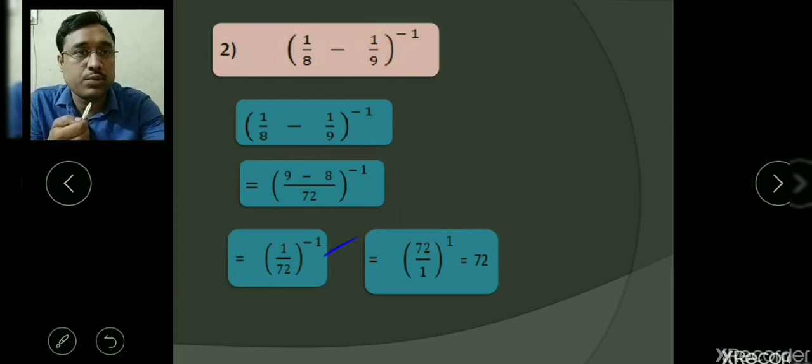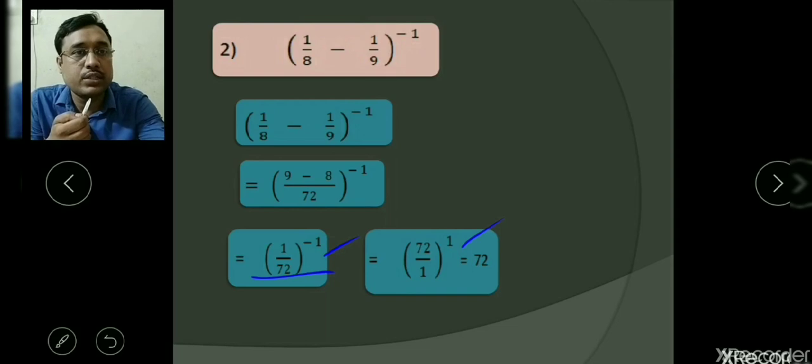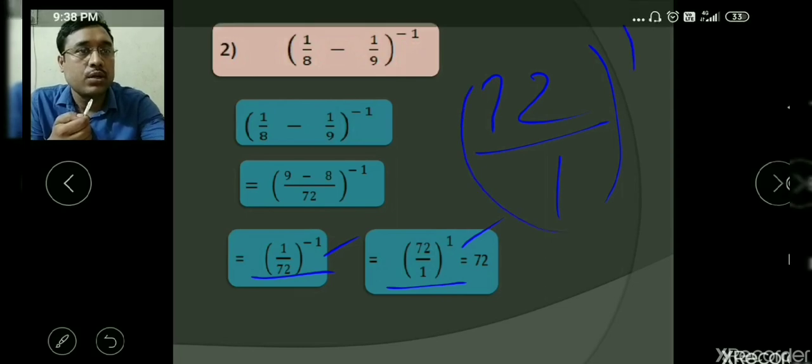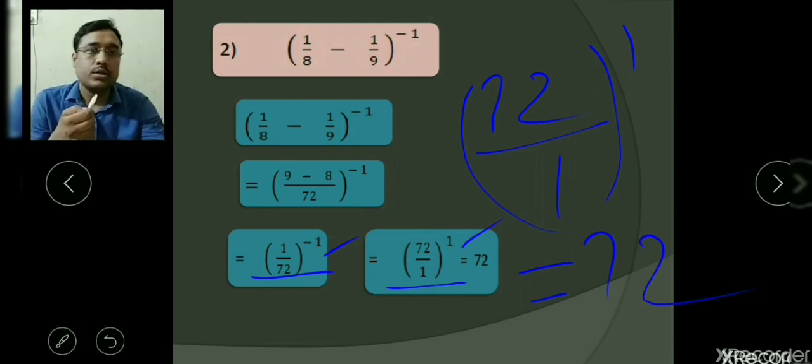The power sign you will change in this step, minus 1 to plus 1. Then the base you will take the reciprocal of, that is, the reciprocal of 1 by 72 is 72 by 1. This I have written here, (72 by 1) raised to the power 1. So this is equal to 72. Okay students, so this way you can solve the questions.